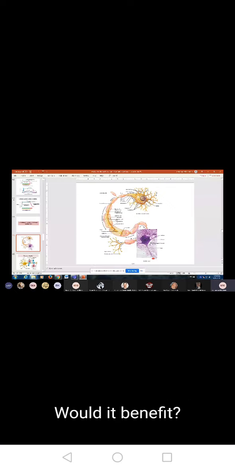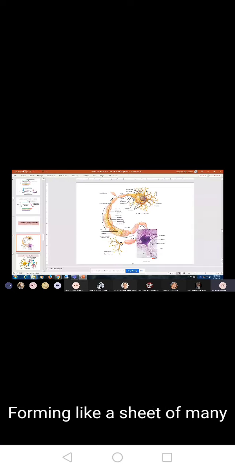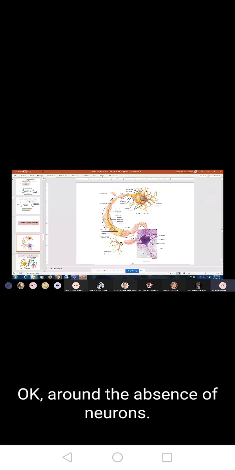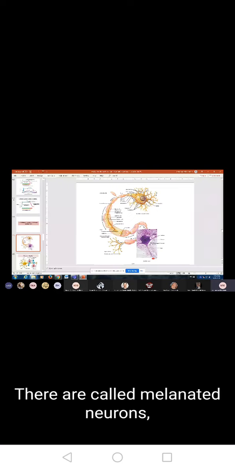It's a sphingolipid forming like a sheet of many layers around the axons of neurons. These cells are called the Schwann cells. As you see here, they have a nucleus, giving this appearance to the neurons. And these types of neurons are called myelinated neurons.